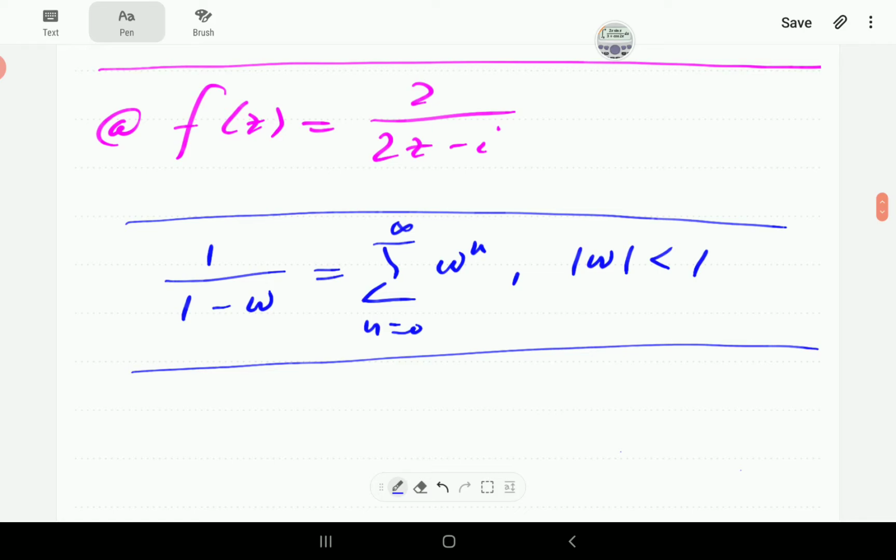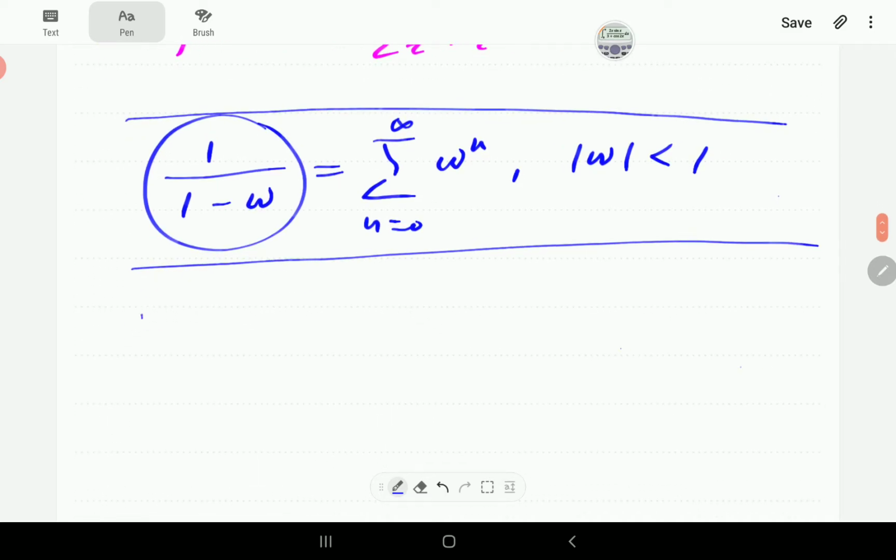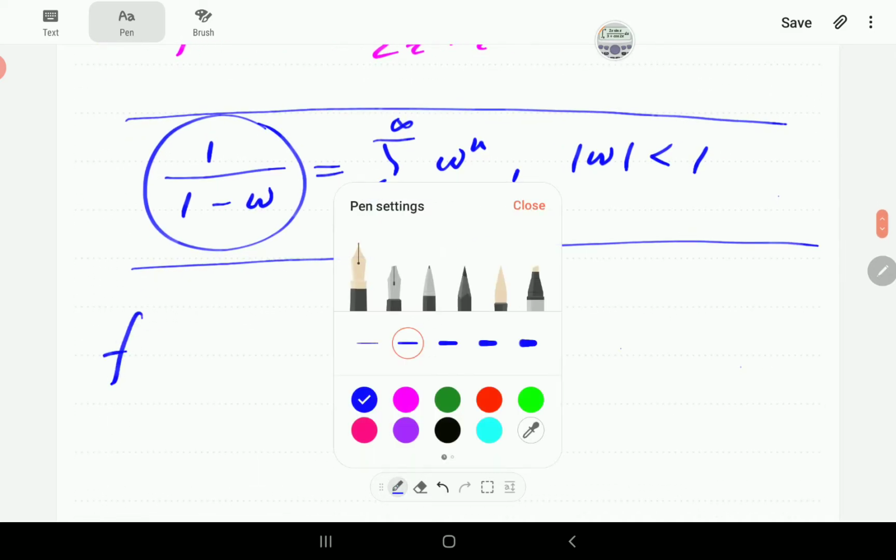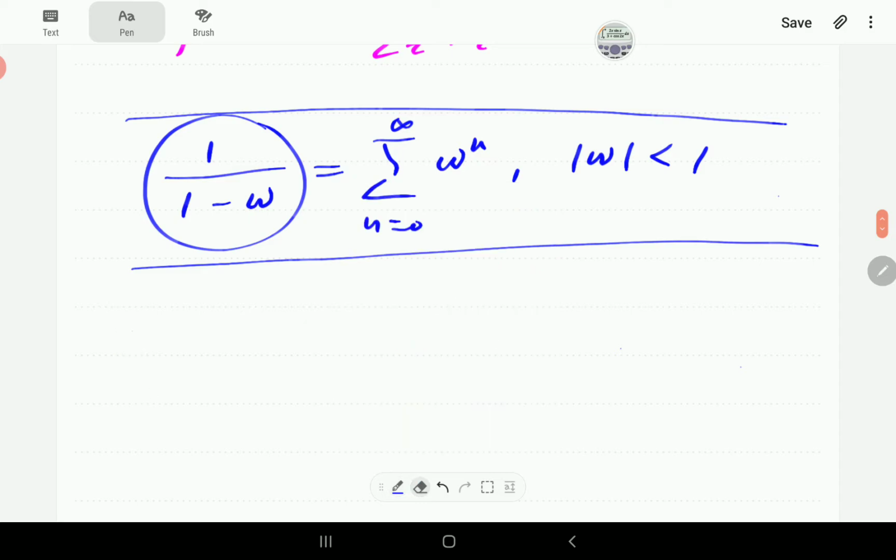So what we're going to do is seek to write this fraction in this form, and then we simply employ that result.